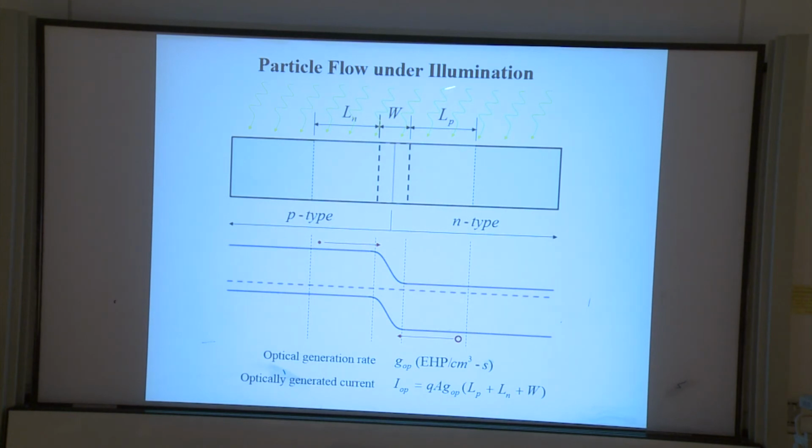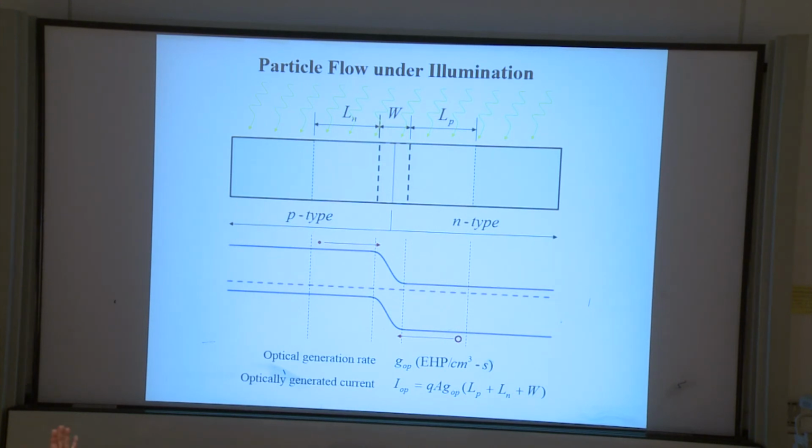When we shine light on the p-n junction, portions of light that have energy bigger than the band gap will be absorbed. The band gap is the same everywhere. Even in the transition region, the band gap is the same. We see that it's tilted, but actually it's the same.